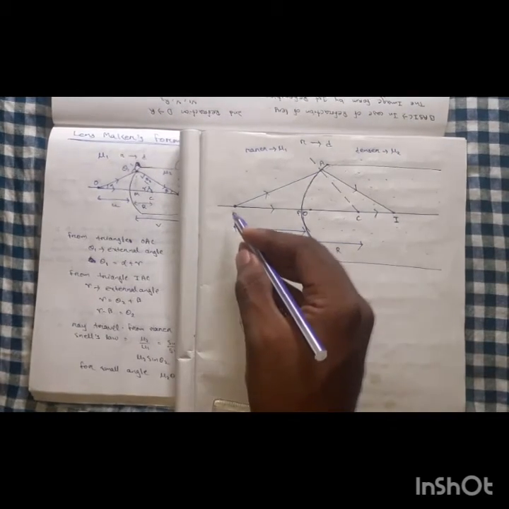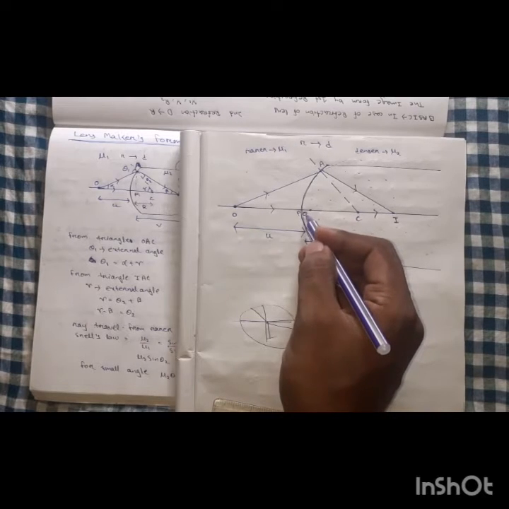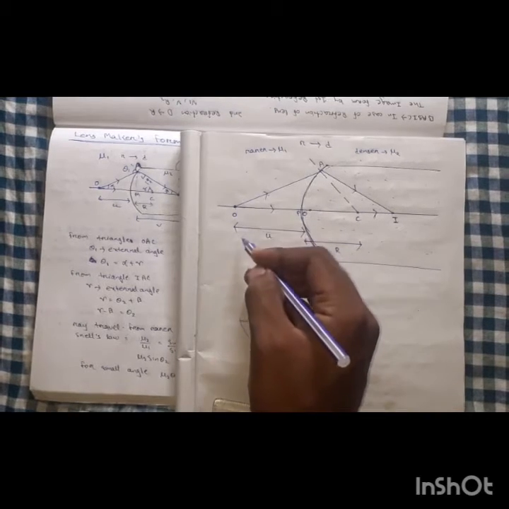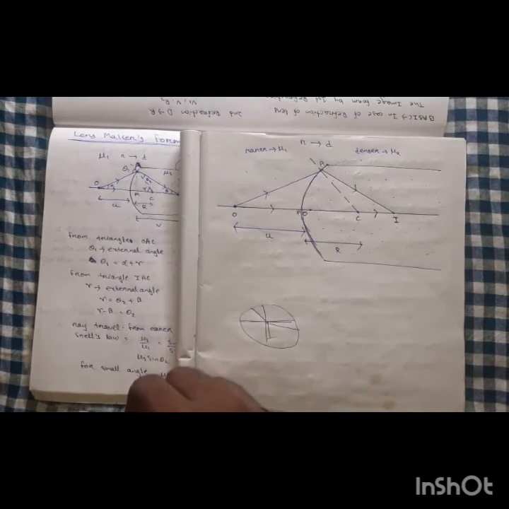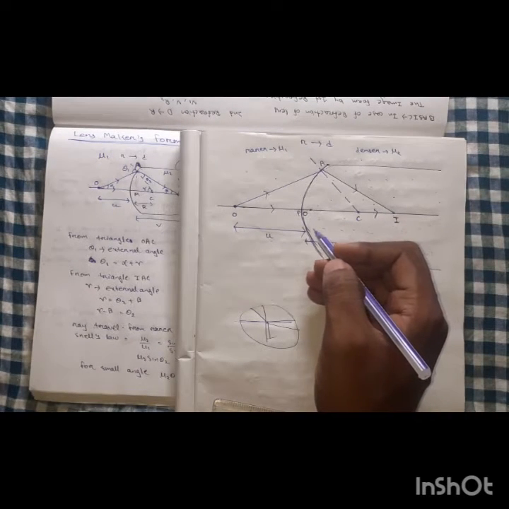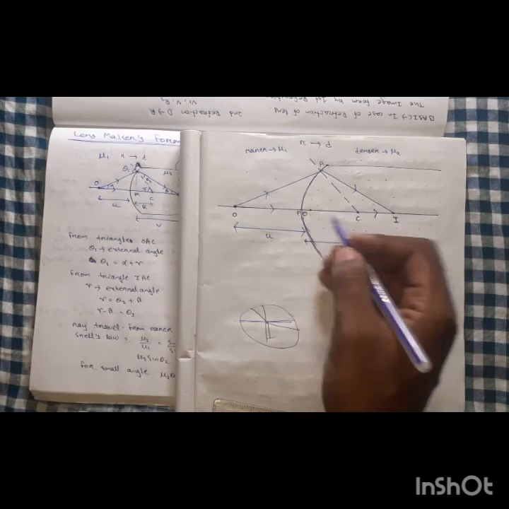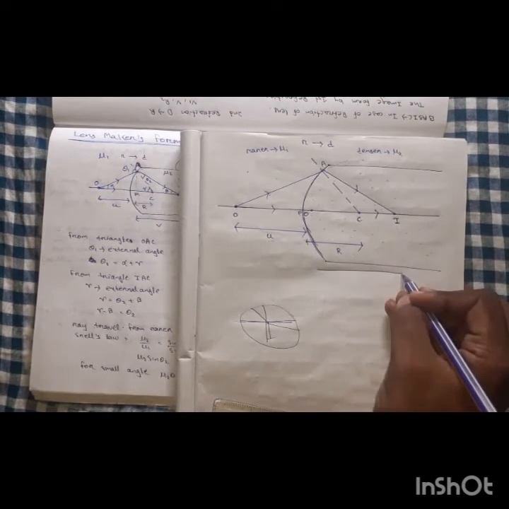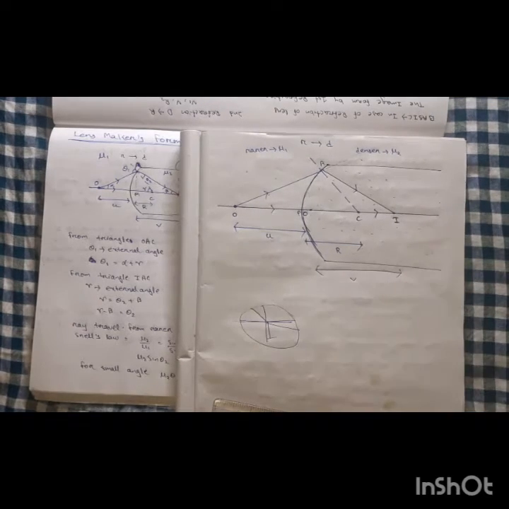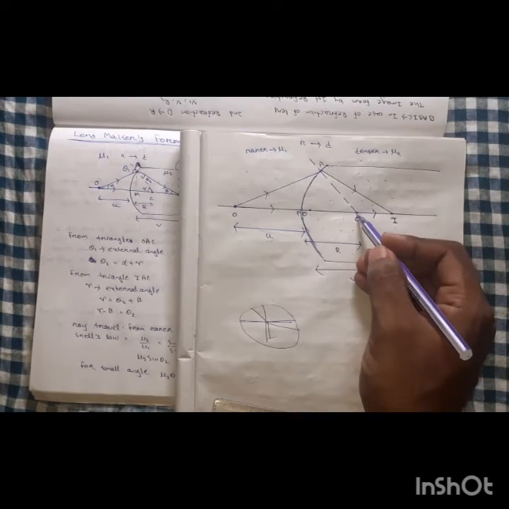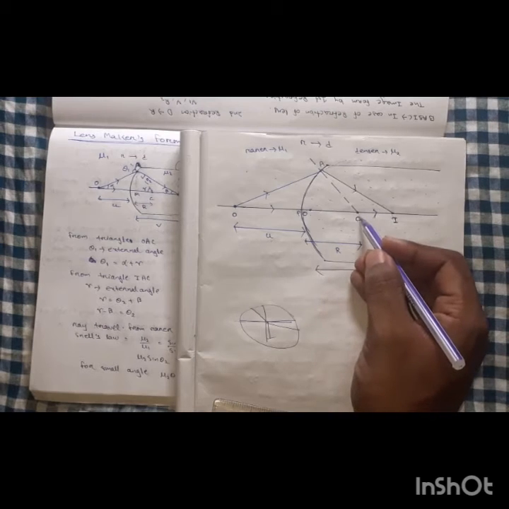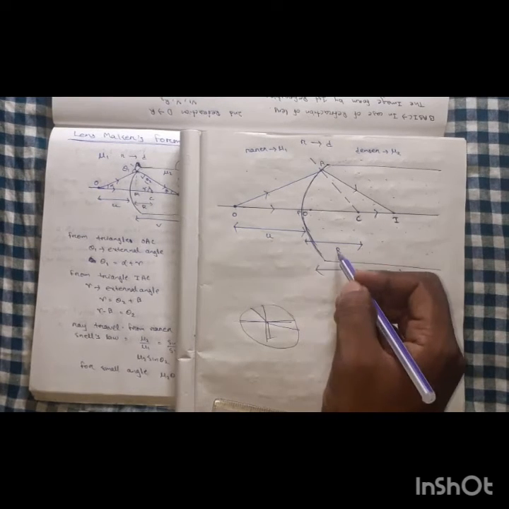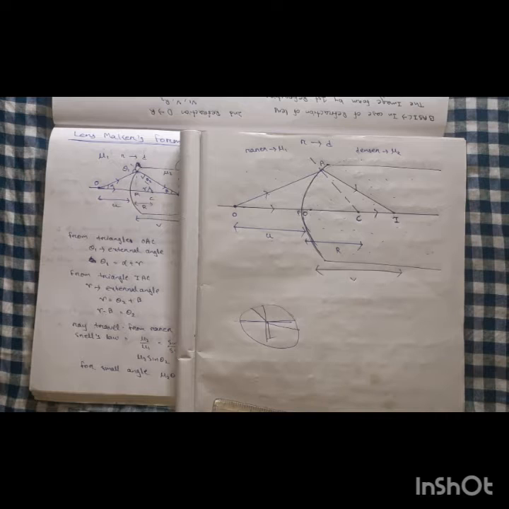We know the distance between the optical center and the object is the object distance, u. What is the image distance? The distance between the optical center and the position of the image is v. And this is the center of curvature, so r is the radius of curvature. Understand? Then listen carefully.